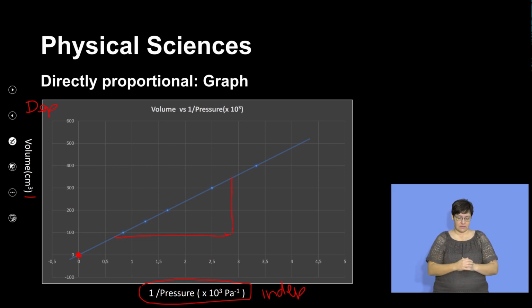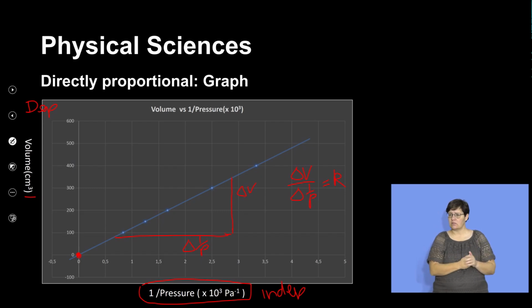And so we've got a recognition here that the change in volume and the change in 1 over pressure, if we took those two and put them over each other into an equation like this, will form a constant. So what can we say based on the graph?